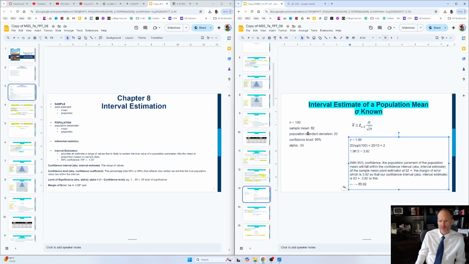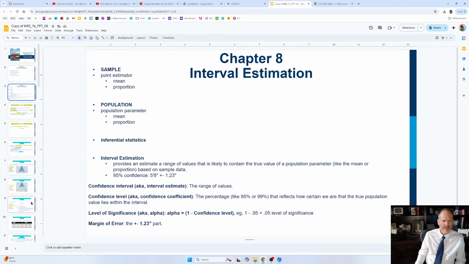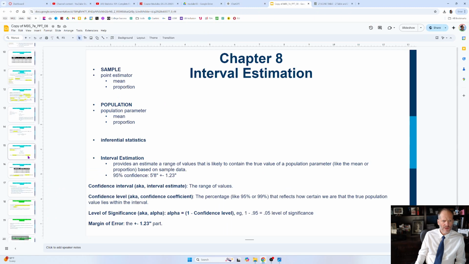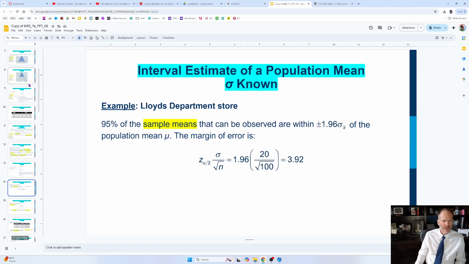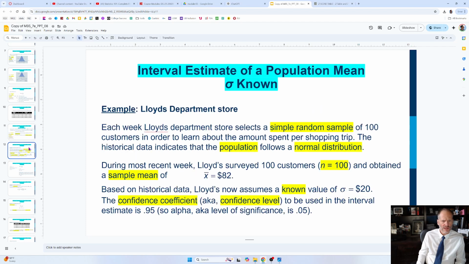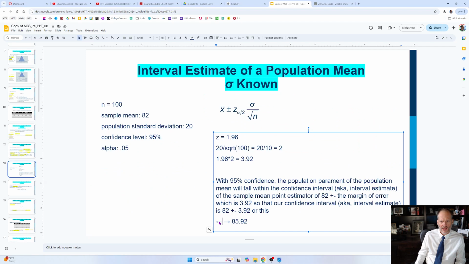So we'll come here and enter 78.08. I'm going to make this big. I just need to find the slide I'm working on. Here we go. 78.08.